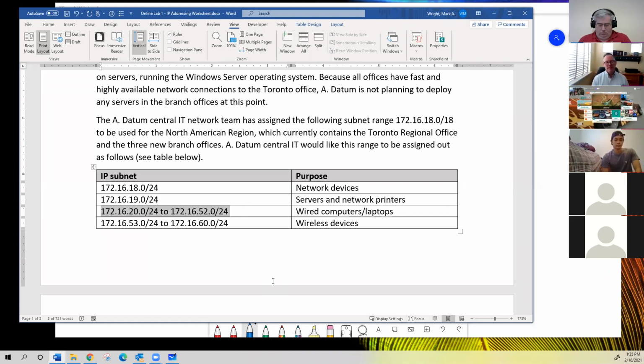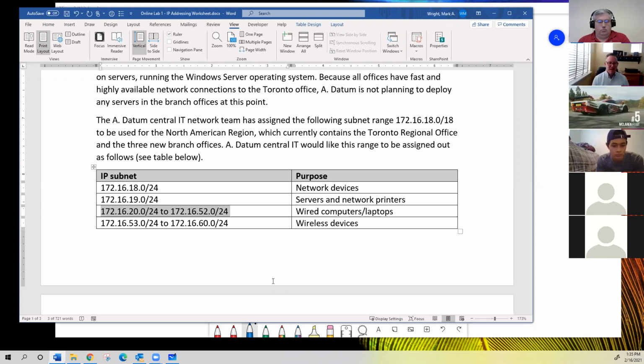Even though this is a Class B network because it starts with 172, a Class B network can be broken down into multiple Class Cs.